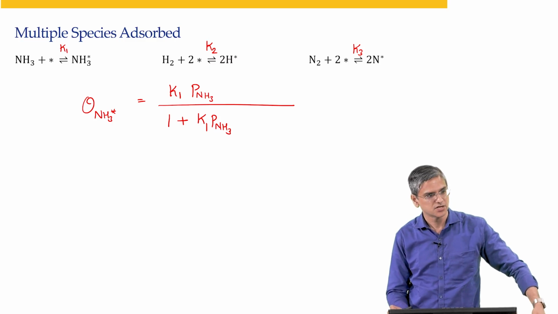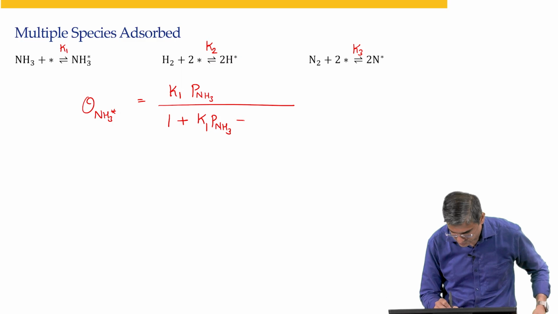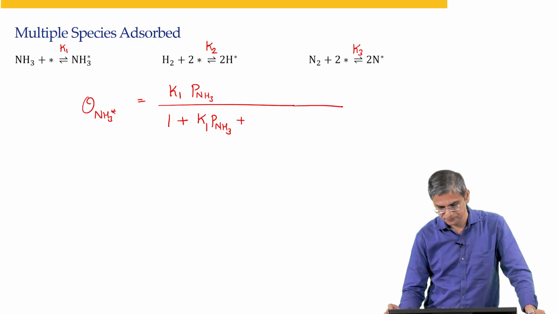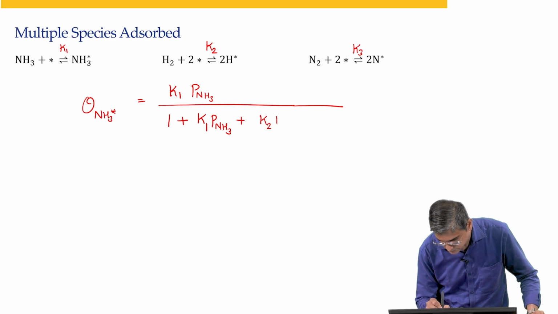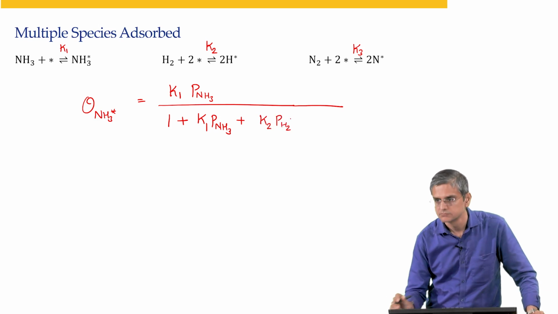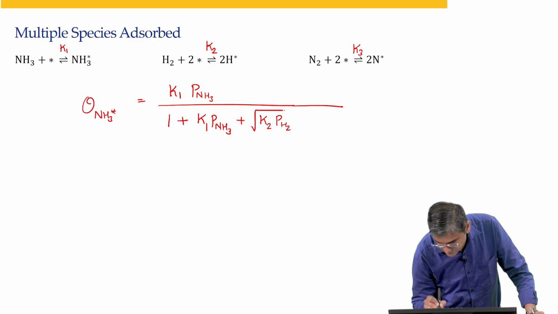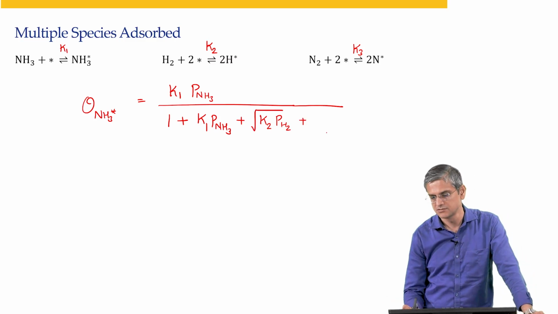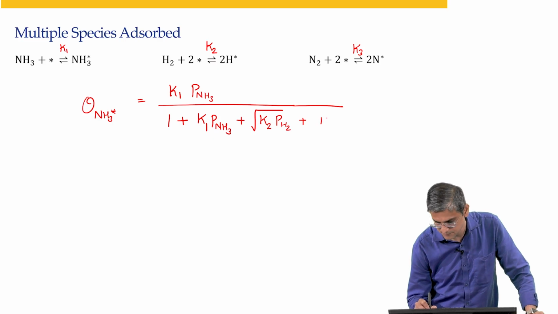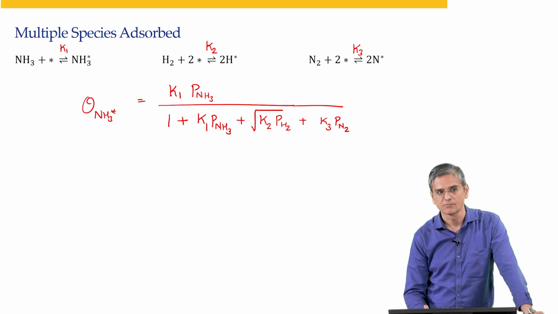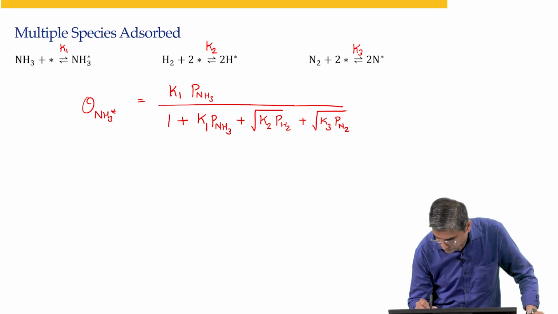The ones that are covered by ammonia. Plus, what else will come? Why under root? Some people have said under root. Why? Because it is dissociative adsorption. Plus, under root.